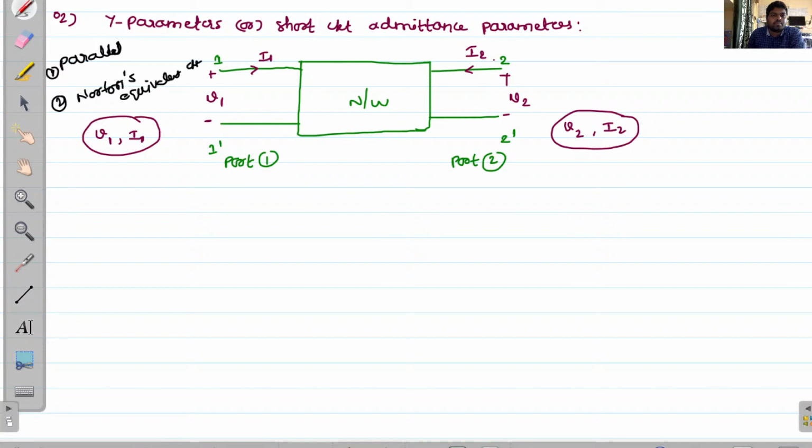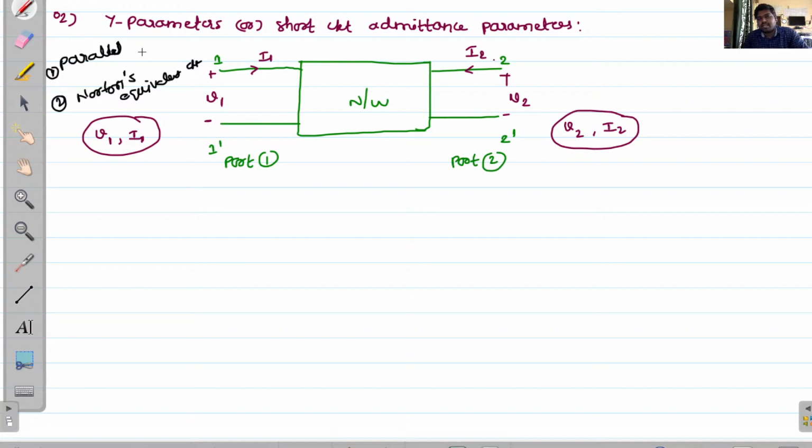In the previous case, Z parameters were the best way to analyze series networks, otherwise Thevenin's equivalent networks. When it comes to Y parameters, we can use them in the best way for parallel networks, otherwise Norton's equivalent circuits.